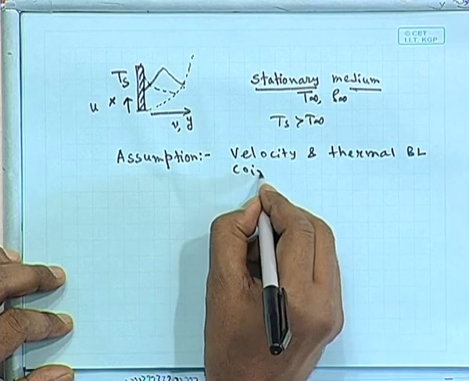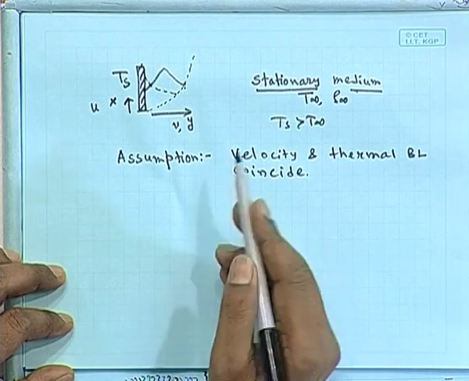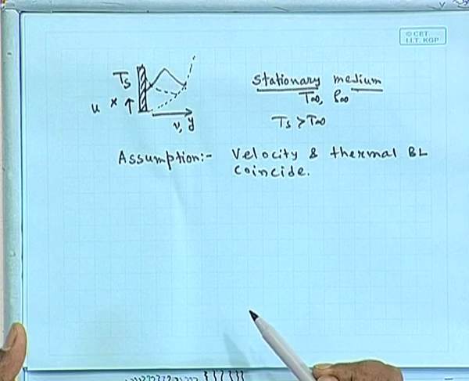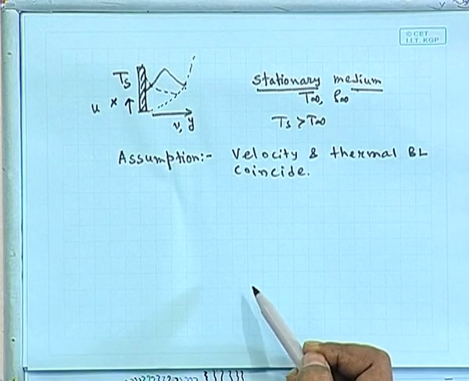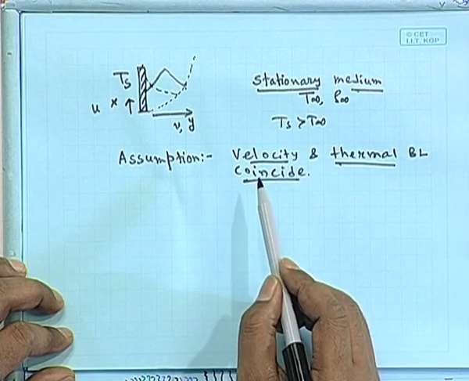Coexist, or the better word is coincide. They will coincide. It is not the case that the velocity boundary layer is within the thermal boundary layer or the thermal boundary layer is within the velocity boundary layer. It is assumed that both boundary layers will coincide.